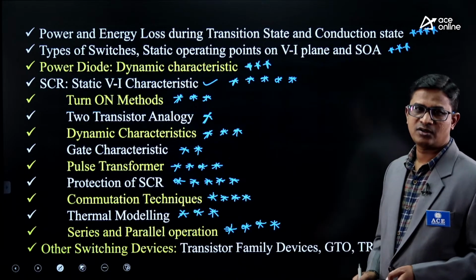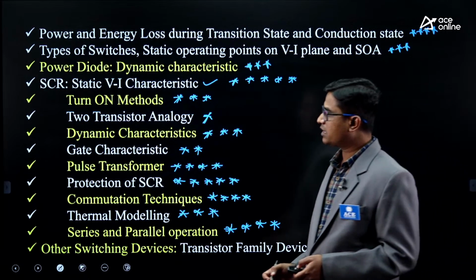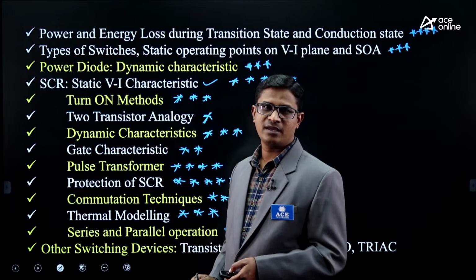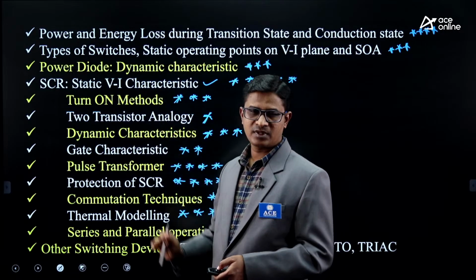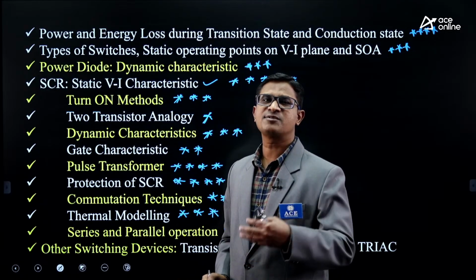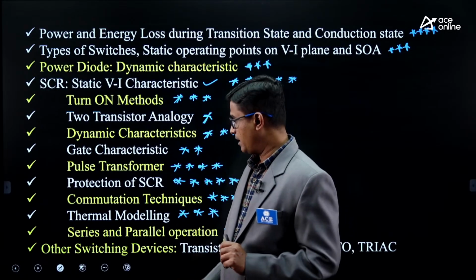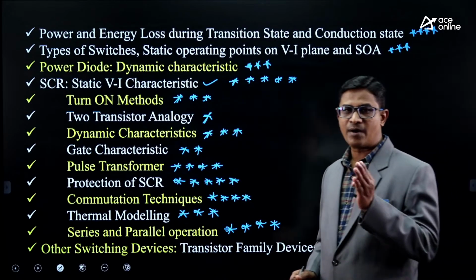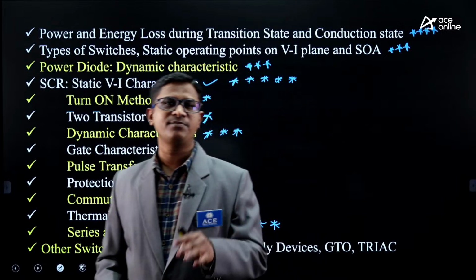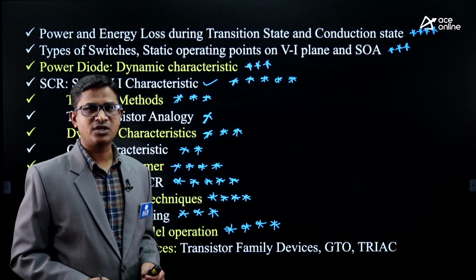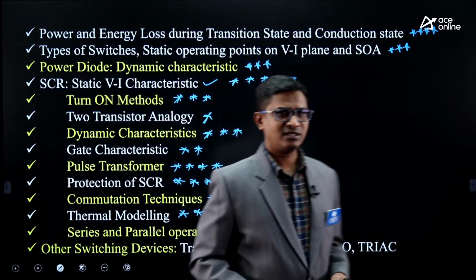And last is other switching devices. If you check regarding the SCR, we have these many points. For power diode, we have only construction, its operation and dynamic characteristics, and some specifications. And other switching devices like the transistor family devices, meaning power BJT, power MOSFET, IGBT, and other thyristor family devices like GTO and TRIAC.